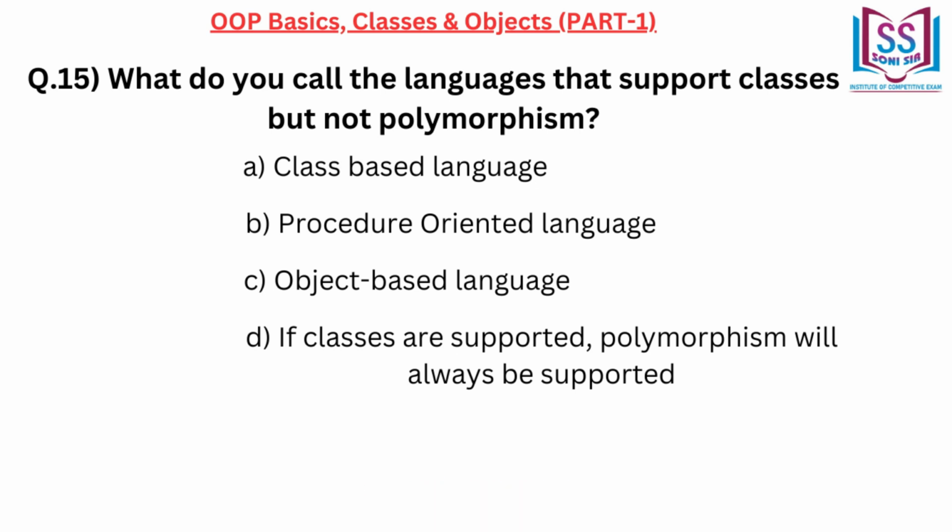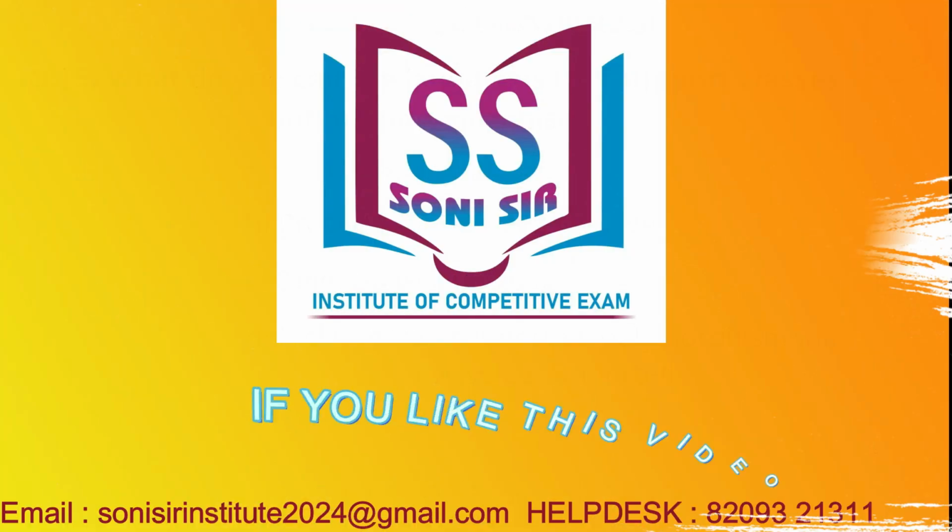Correct answer, C. The languages which support classes, but don't support polymorphism, are known as object-based languages. Polymorphism is such an important feature that if a language doesn't support it, it can't be called an OOP language.